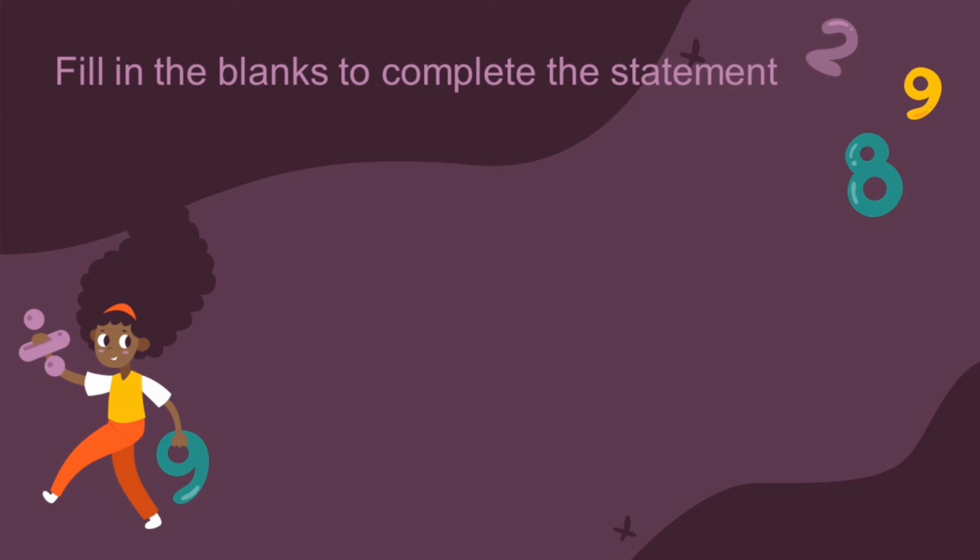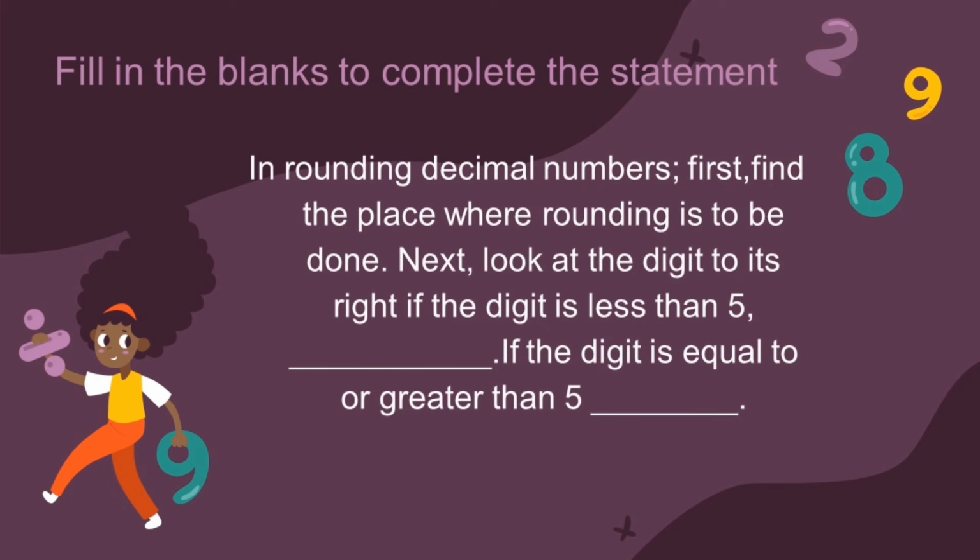Okay, fill in the blanks to complete the statement. In rounding decimal numbers, first, find the place where rounding is to be done. Next, look at the digit to its right. If the digit is less than 5, blank. If the digit is equal to or greater than 5, blank. Now, complete the statement.